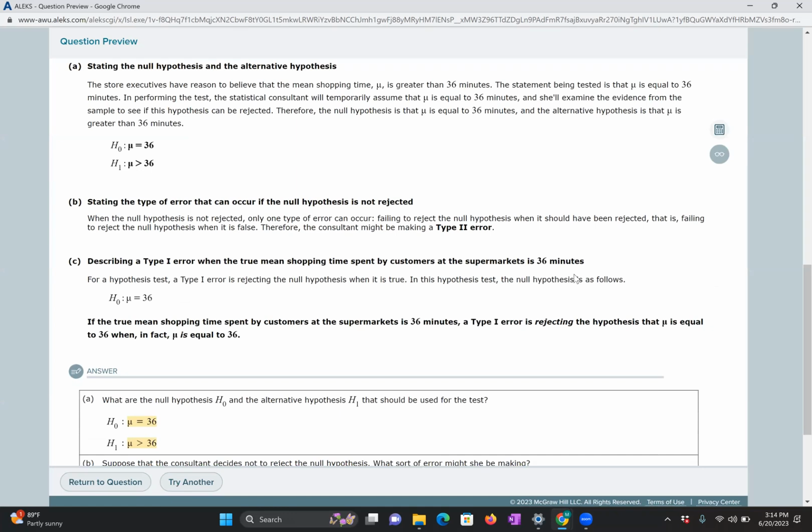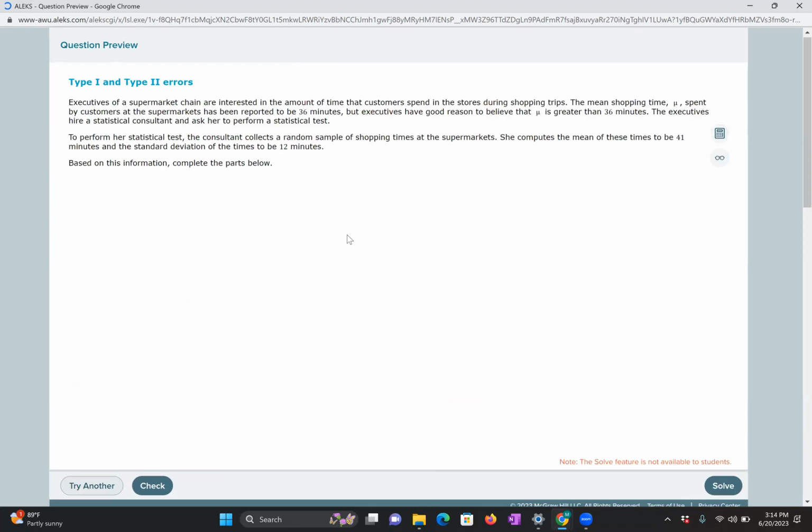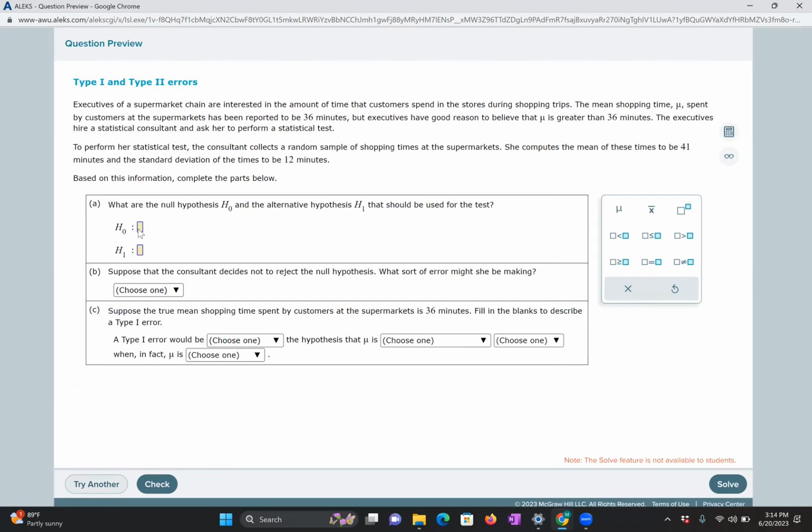Let's see here. I'm going to return to the question. And let's do this again. So we have the null hypothesis according to the question is that mu is equal to 36. And the reason why right here, the executives believe that mu is greater than 36.